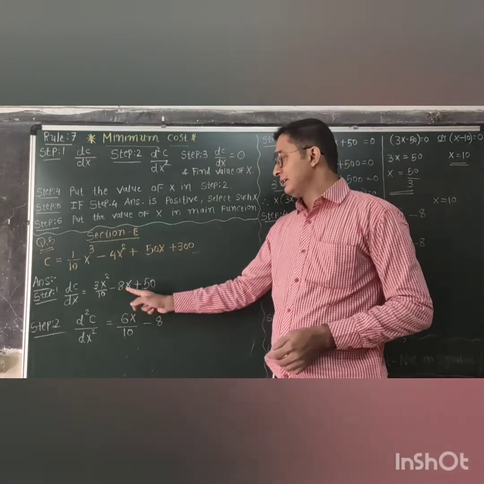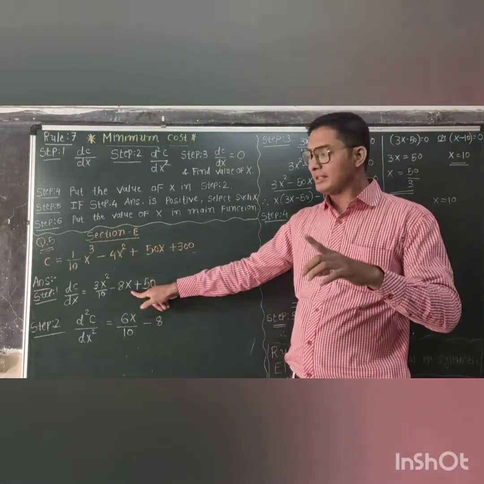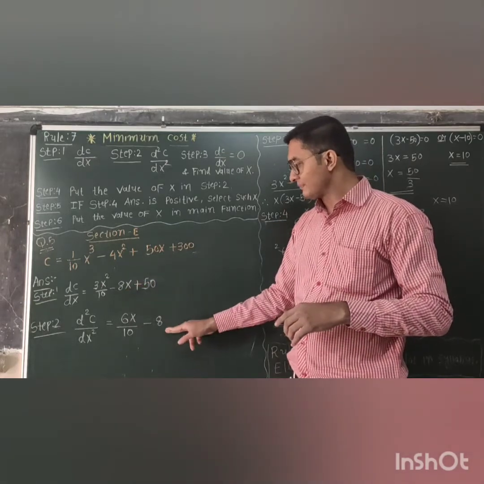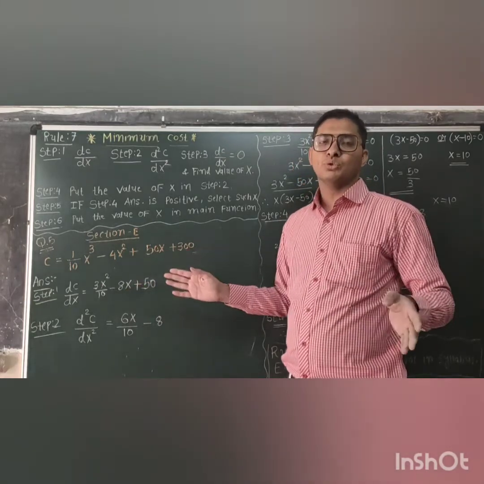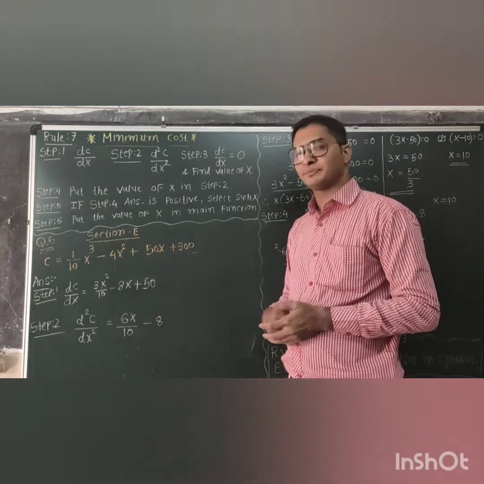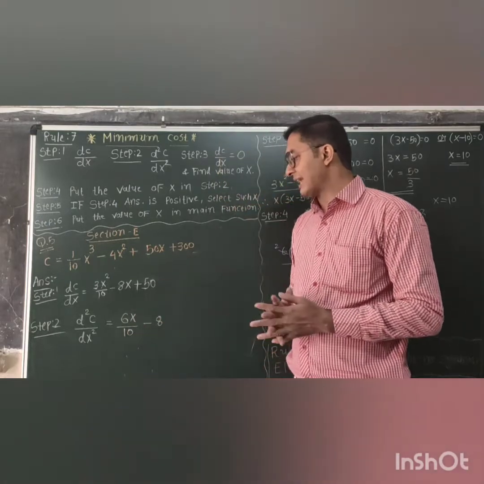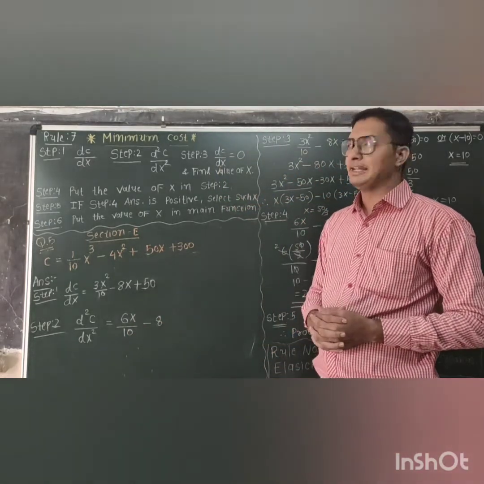Minus 8: here it is x, so instead of x we can write 1, 8 ones are 8. And there is no value for 50 because there is no x, so it is 0. So step number 2 is 6x upon 10 minus 8.